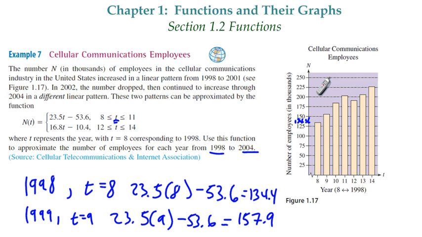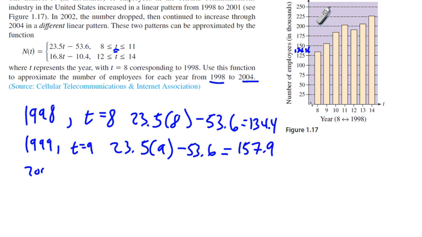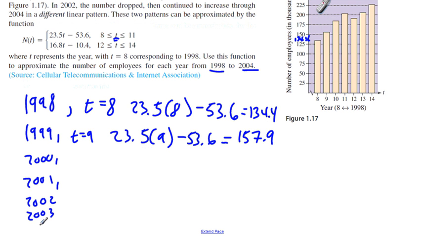And obviously, you're just going to keep going on here. This thing's going to be kind of tedious. So you'll do it for 2000, 2001, 2002, 2003, and then for 2004.